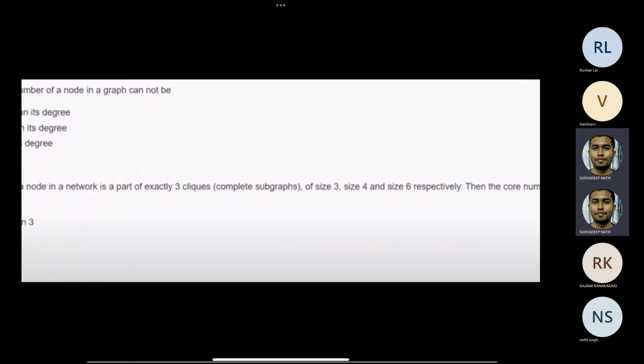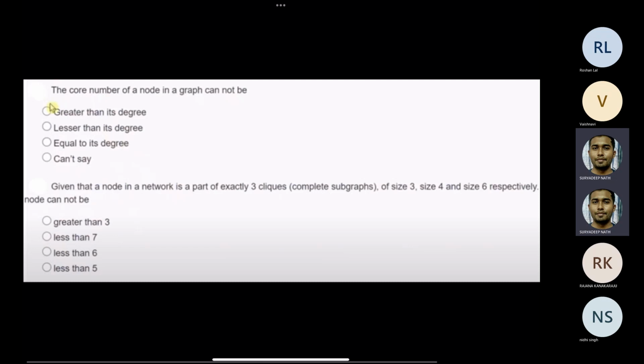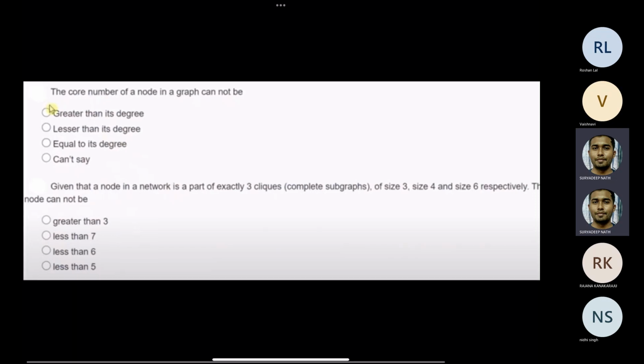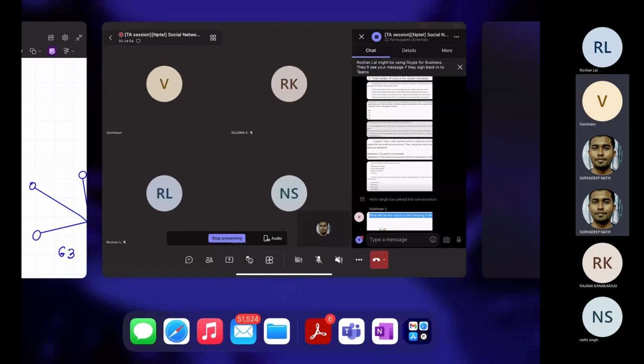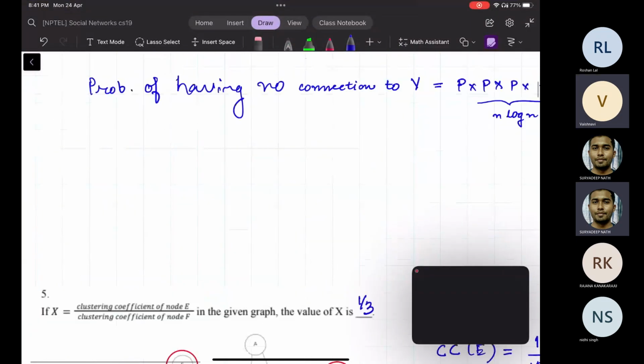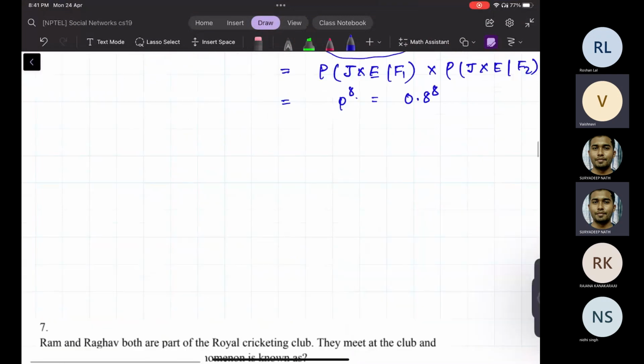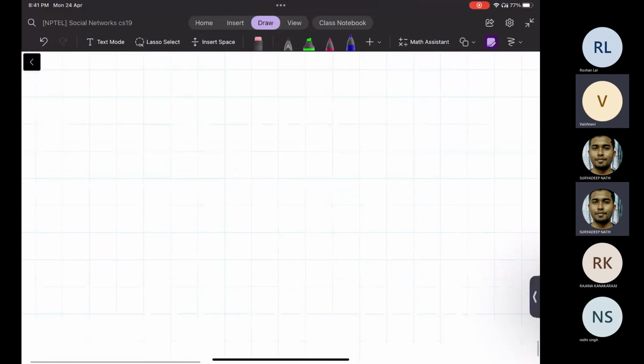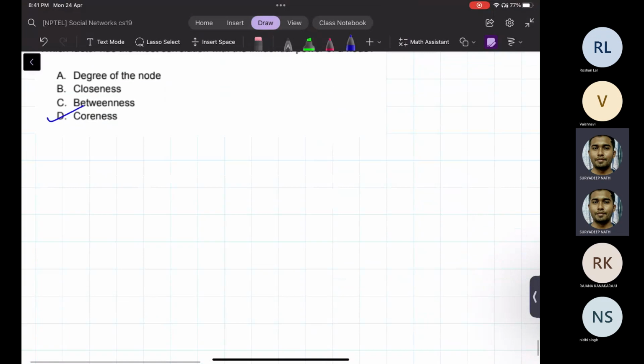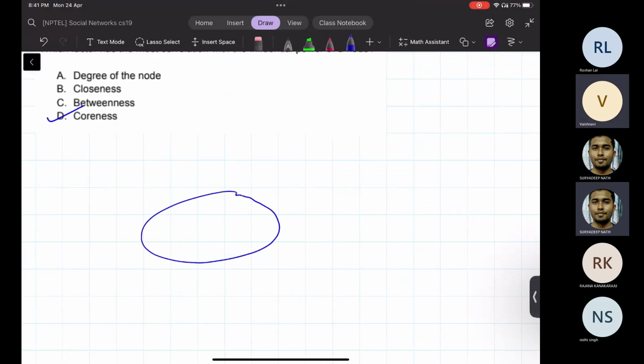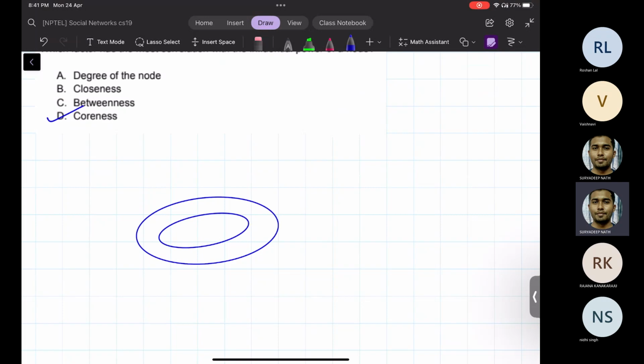So what would happen is like this. If I go and draw the figure, what is this, size 3, size 4, and size 6? This is what you asked, right?